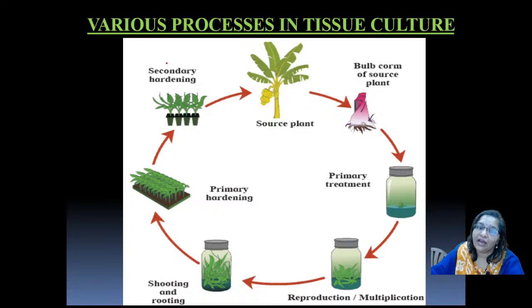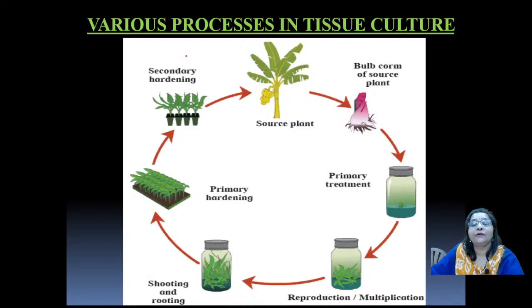Through the secondary hardening process, they are brought to the fields, to the soil, to the natural environment, where they start facing the climatic conditions and of course withstand all the stress, and are ready for living free like other naturally grown plants.